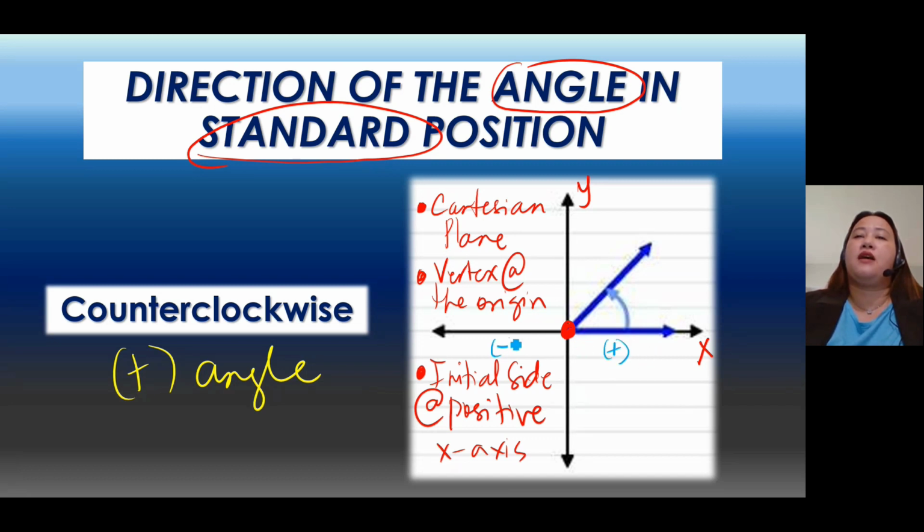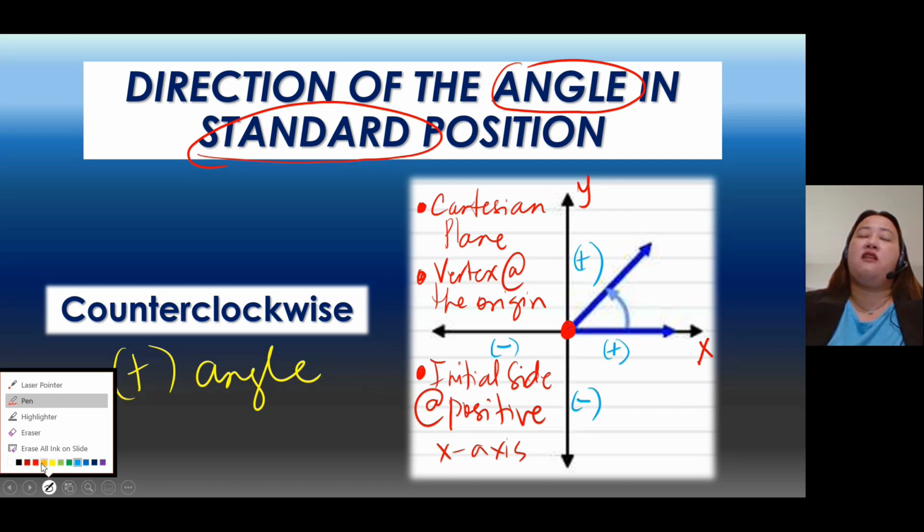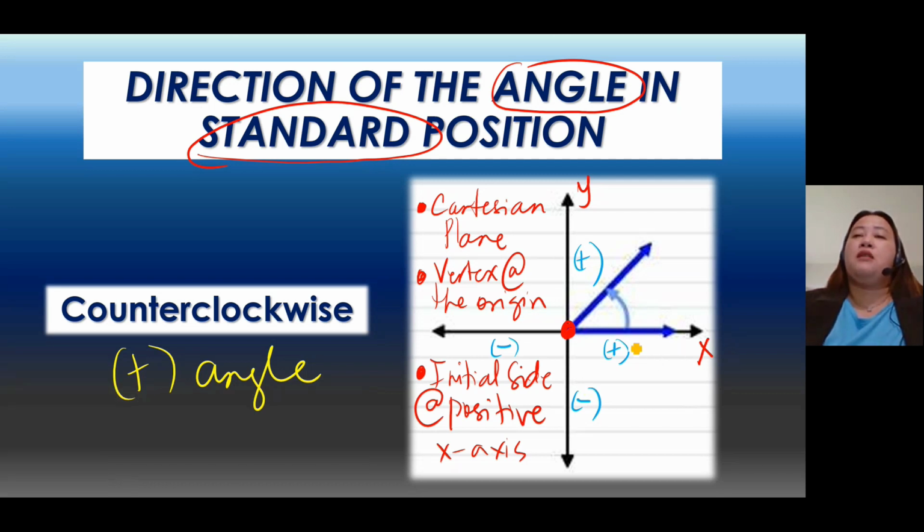On the left side, we have negative x. On the upper portion, since this is the y-axis, this is positive y. And below, we have negative y. So with the initial side at the positive x-axis, it is very clear in our illustration that the initial side of the angle is along the positive x-axis.